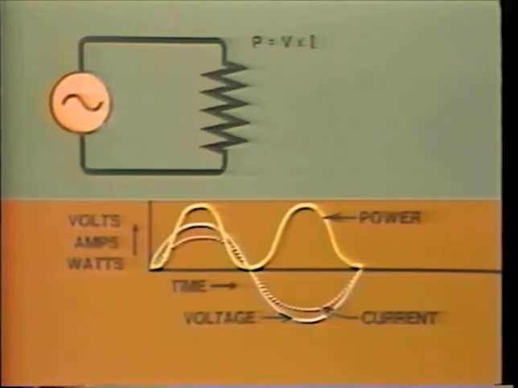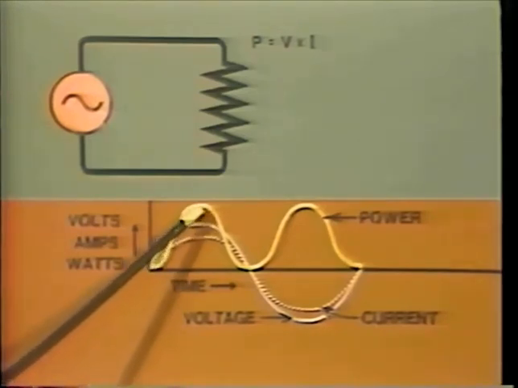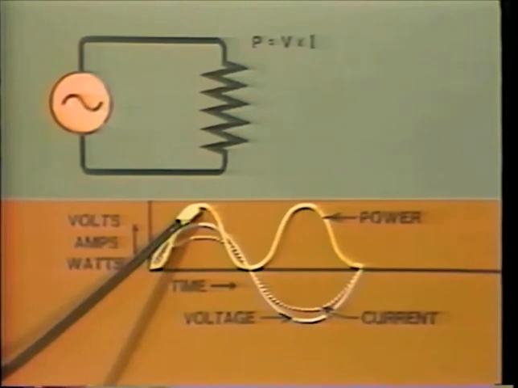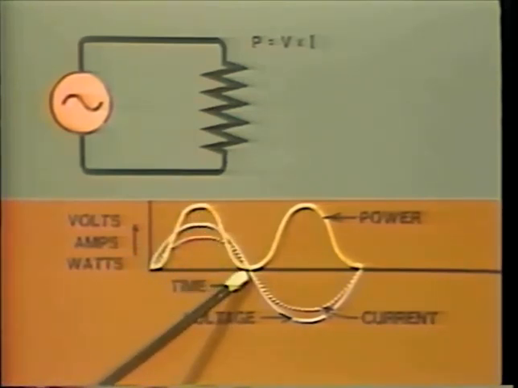At the beginning of the cycle, 0 volts times 0 amps gives us 0 watts. After 1/4 cycle, or 90 degrees, has passed, peak current times peak voltage gives us peak power. After another 1/4 cycle, power is again 0.